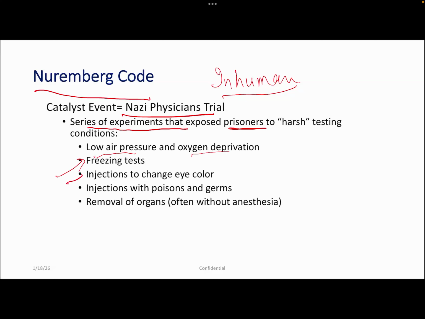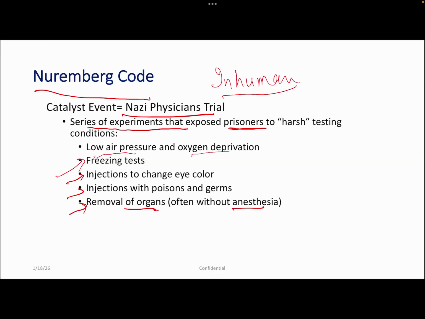or injecting their eyes to change the color. They were thinking this type of color is better, or injecting poisons or germs. They artificially created injuries, and then they tested how long it would take to get better by itself or with medicine. Removal of organs, that too, without anesthesia.